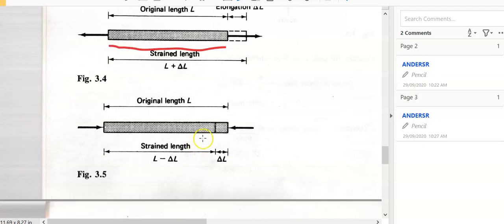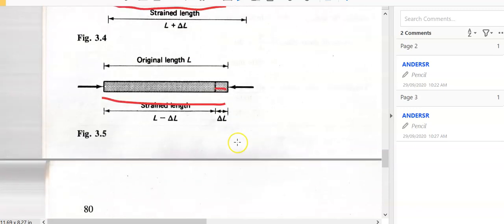Or if the bar has been compressed, from there to there is the original length, and that little bit that it gets shortened by, if I take the shortened dimension and I divide it by the original length, I get a very, very small number. So that's strain. Right, people?